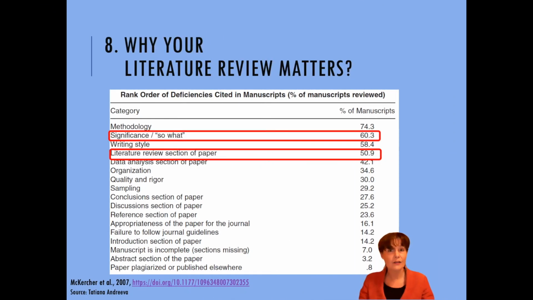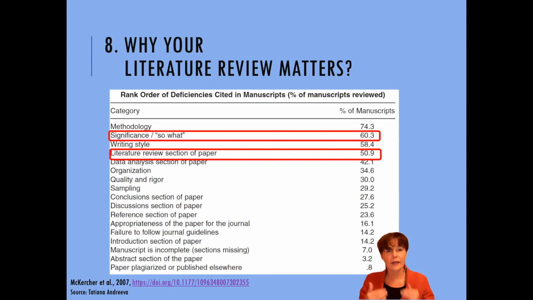So why is a good literature review really important? Not just for your thesis, but in particular when you're going to write up articles from your thesis and try to publish these in journals. If we look at the reasons for why articles that are submitted to a journal are rejected, we see that the literature review plays quite an important role.